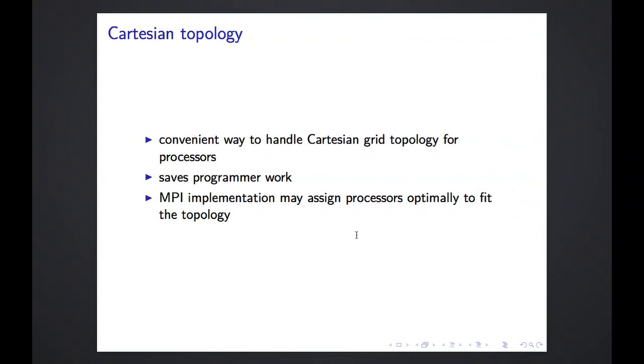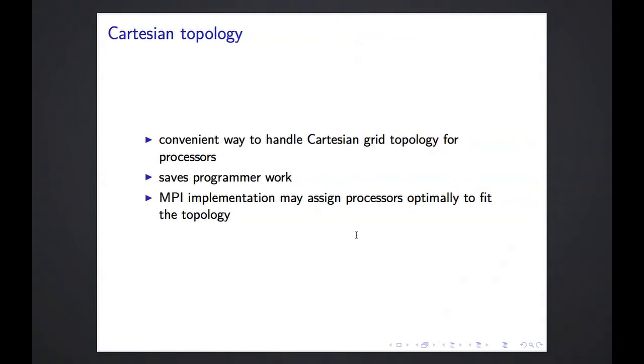Let's consider a case where your processes are arranged on some kind of a regular grid, 2 by 2, 3 by 3, 3 by 4 by 3, whatever the number of dimensions you want. Well, for this special case, there is the Cartesian topology mechanism provided by MPI, which is really meant to save the programmer a lot of work. Because you will shortly see how much easier it is to define groups and subgroups using this approach.